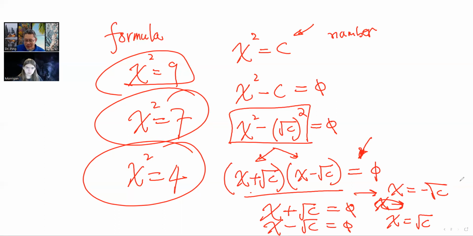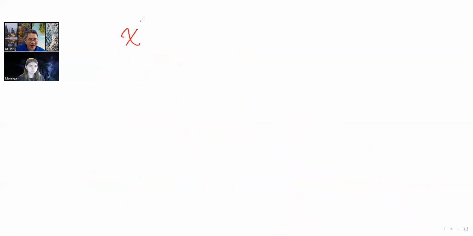Because there's a negative and a positive, we write this as a shorthand: x equals plus minus square root c. Good? Okay. So now we have a formula: if x squared is equal to c, then x is equal to plus minus square root c.